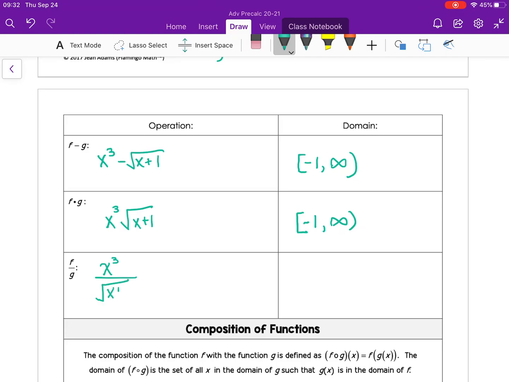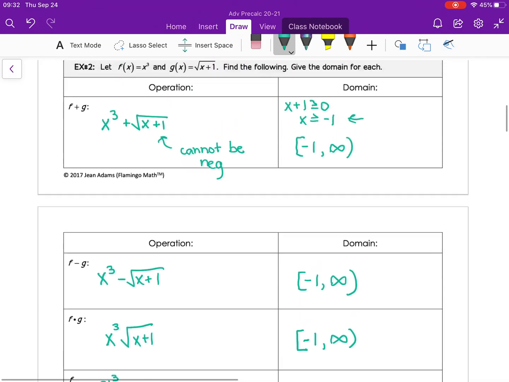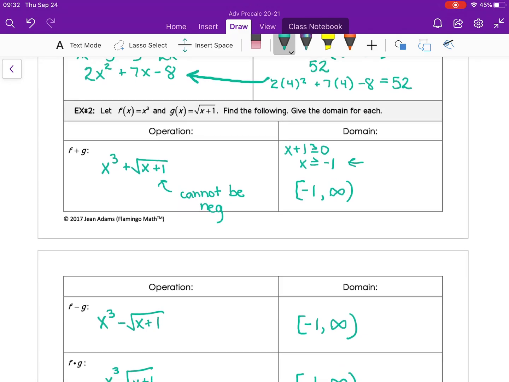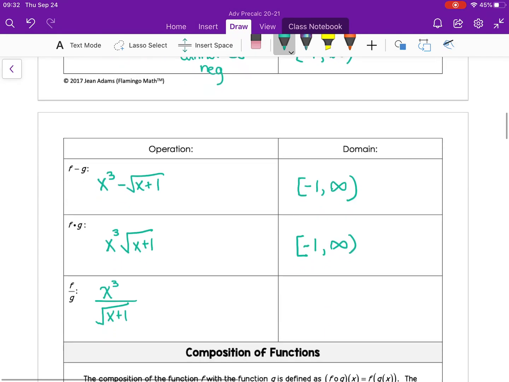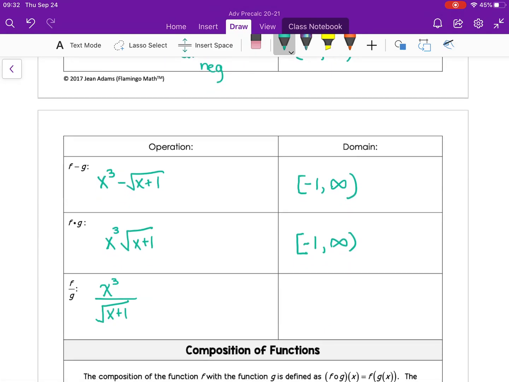So for f divided by g, again, there's nothing to simplify. That's as far as it goes in that sense. But our domain is going to be just a little bit different. Remember, for addition, we said that it could be equal to 0 because the square root of 0 is 0. However, recall that I cannot have a 0 in the denominator.